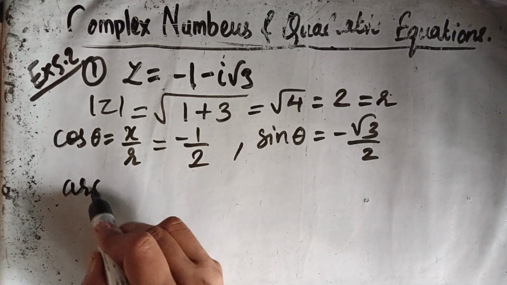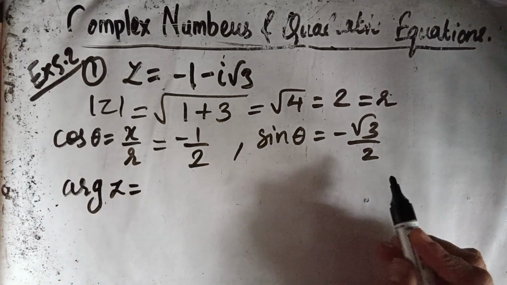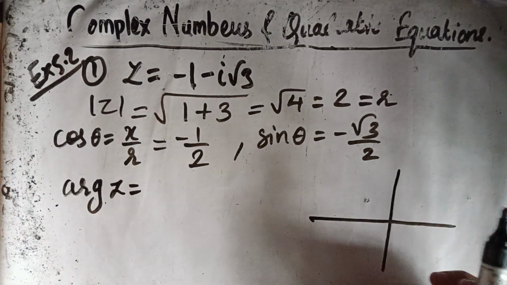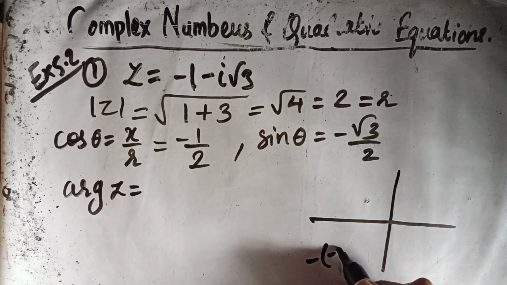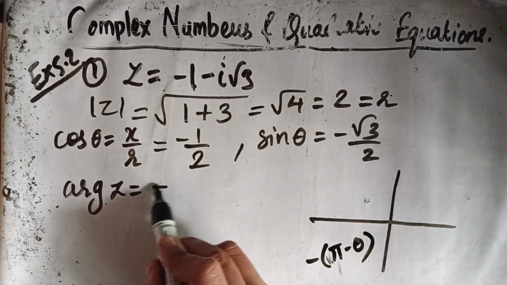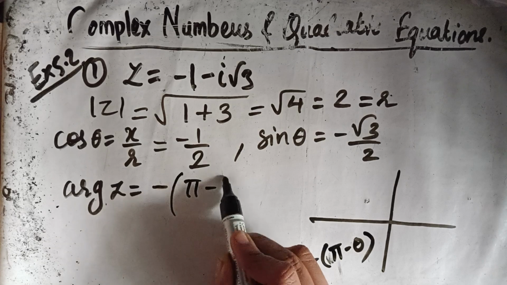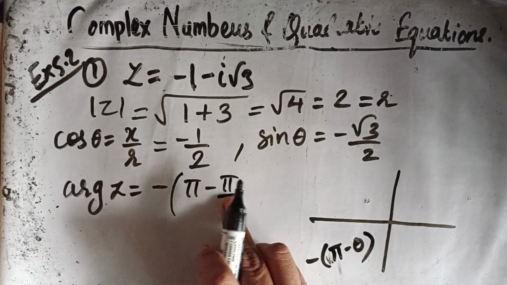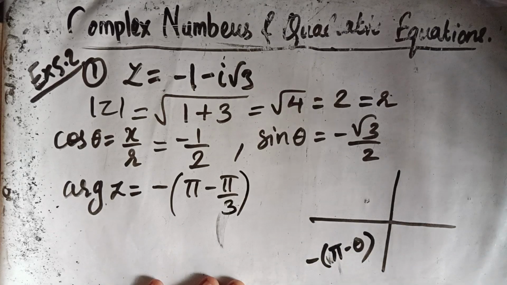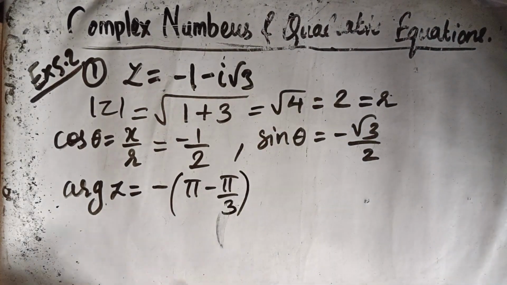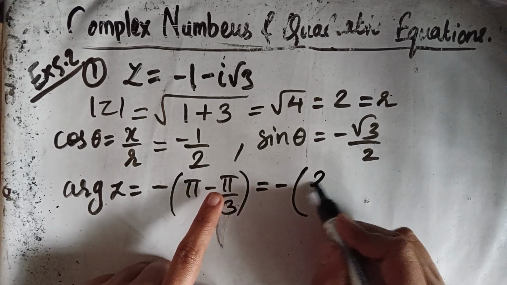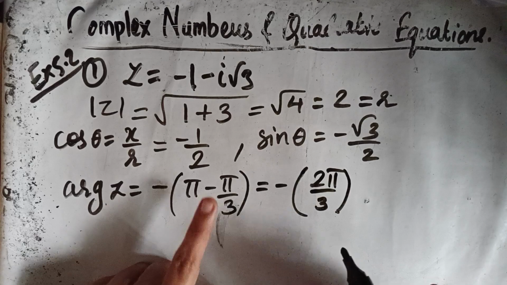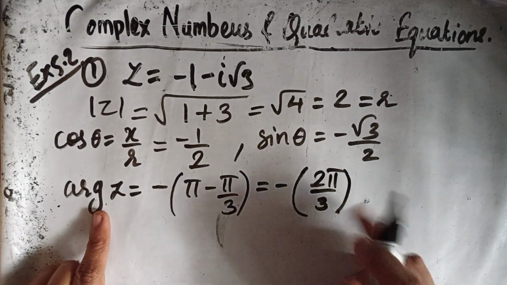So argument of z is, both are negative, so it is in the third quadrant. In the third quadrant we take minus of pi minus theta. So minus of pi minus pi by 3, this is minus of 3 pi minus pi, 2 pi by 3. So minus 2 pi by 3 is the argument of z.